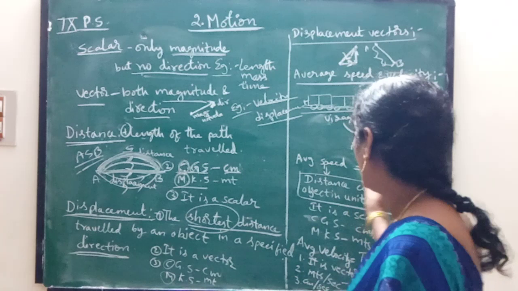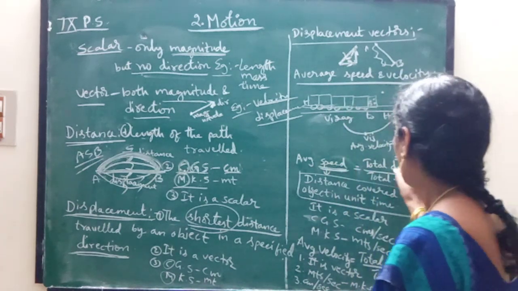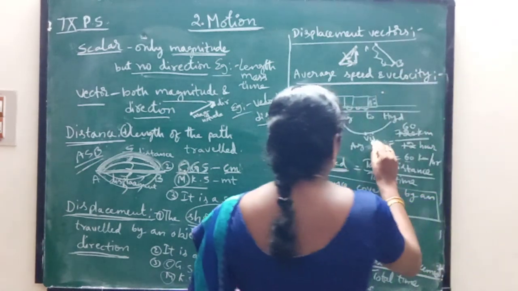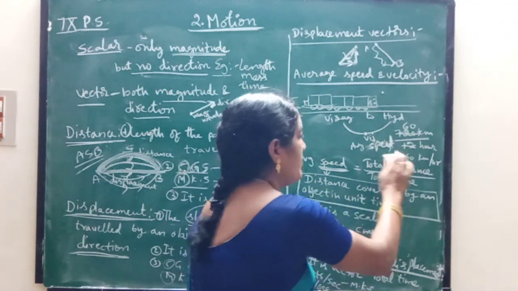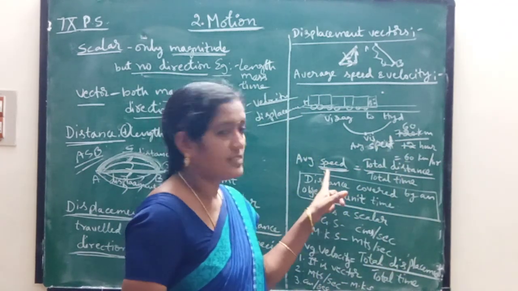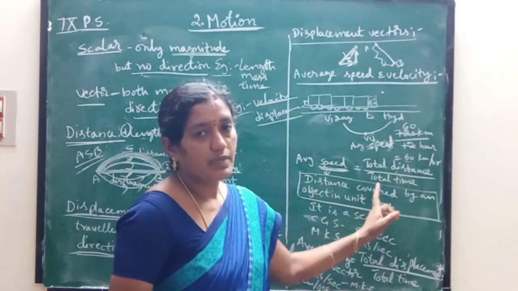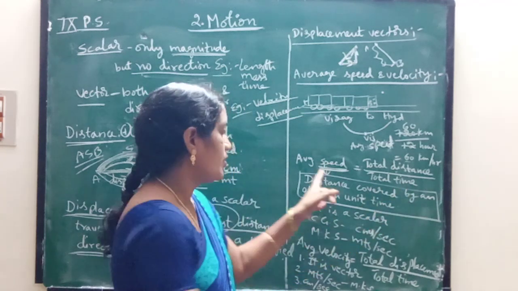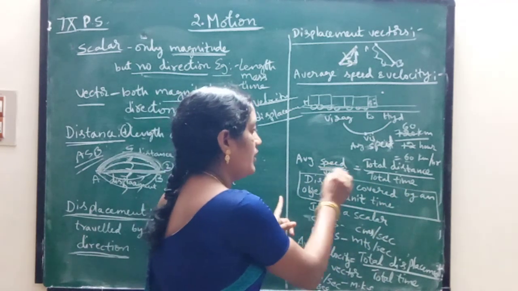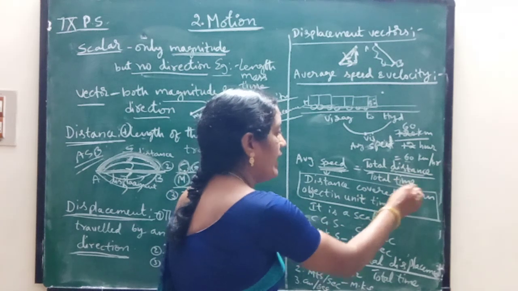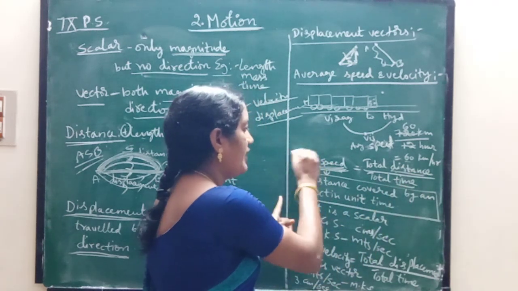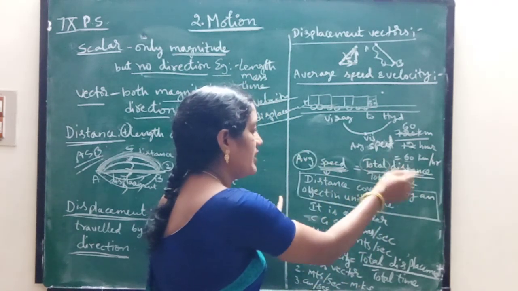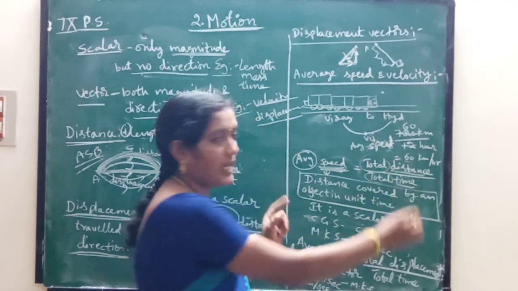So average speed is equal to total distance by total time, children. Here speed is equal to distance by time. Here I am taking average, so that means total distance covered and total time taken.